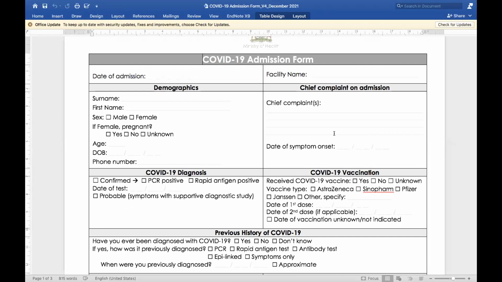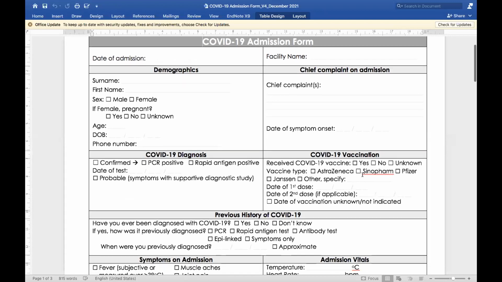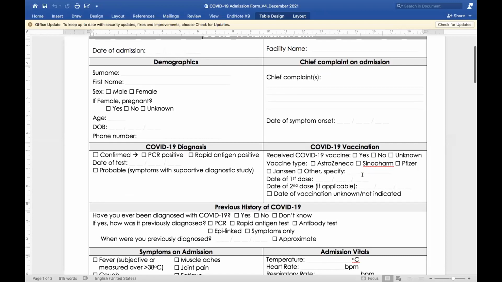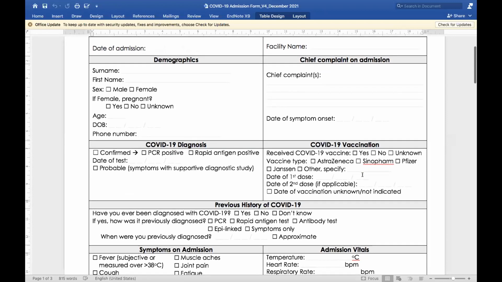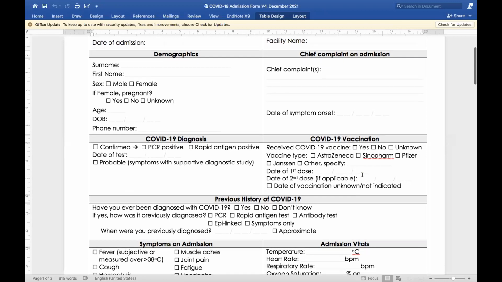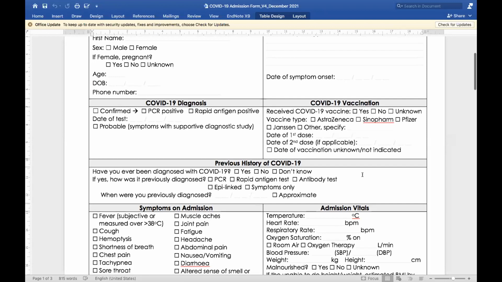So this is a basic form. We are still revising it to make it friendly to the clinician. Please note that it's only the first form that requires a lot of information. The subsequent form, if this is well filled in, is very easy to manage.